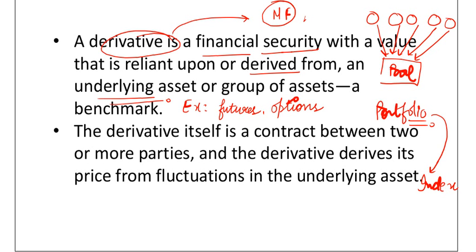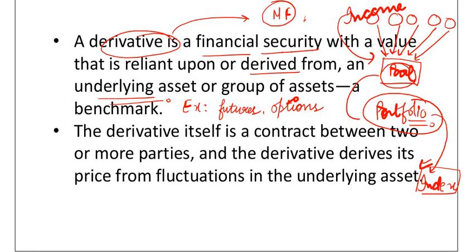So it means that this portfolio which is replicating the index is deriving its value from the index value, and the income these investors will earn depends on the pool of money, and this depends on the performance of the portfolio. So it is also a kind of derivative.